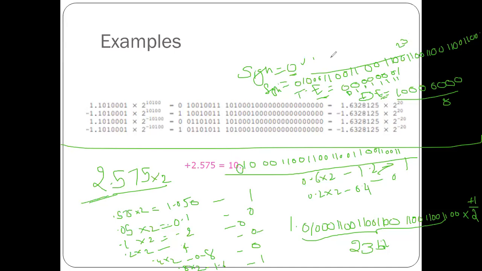And what is that total 32-bit? If I write it here, the most significant bit is 0, and then our biased exponent is 1 0 0 0 0 0 0 0, right?